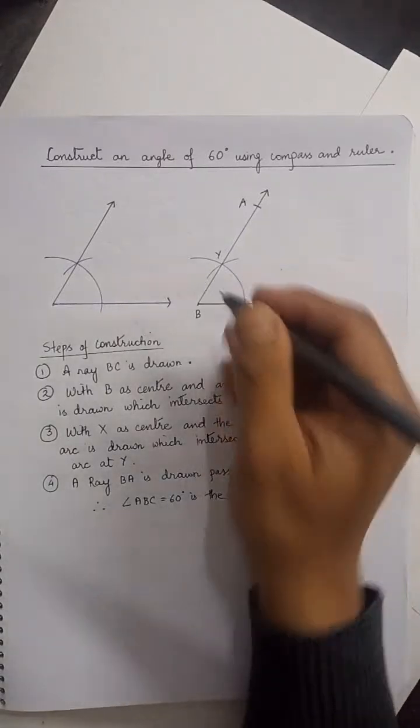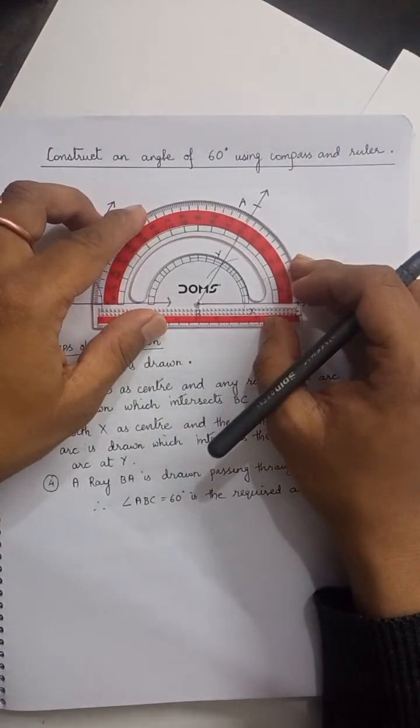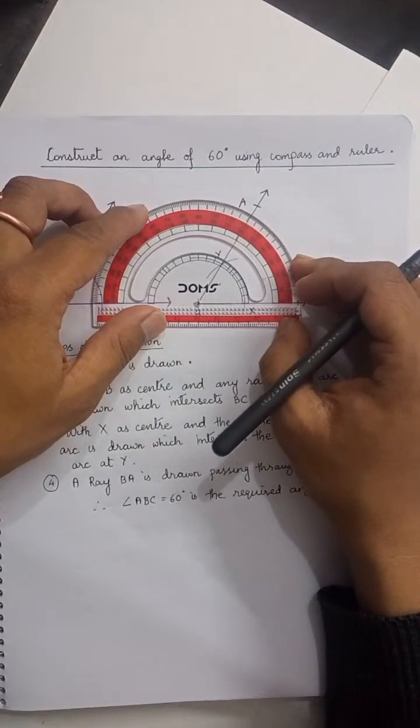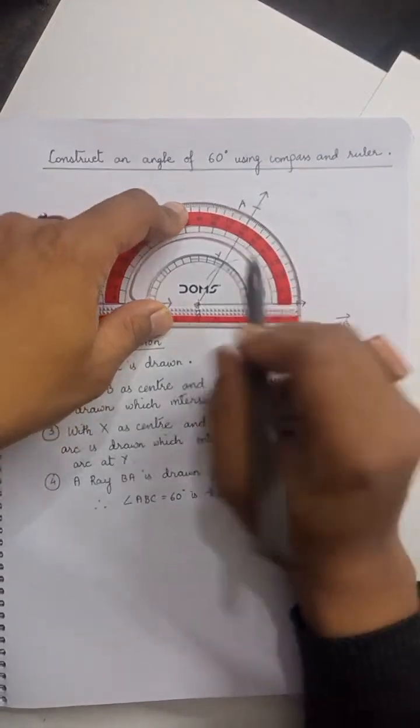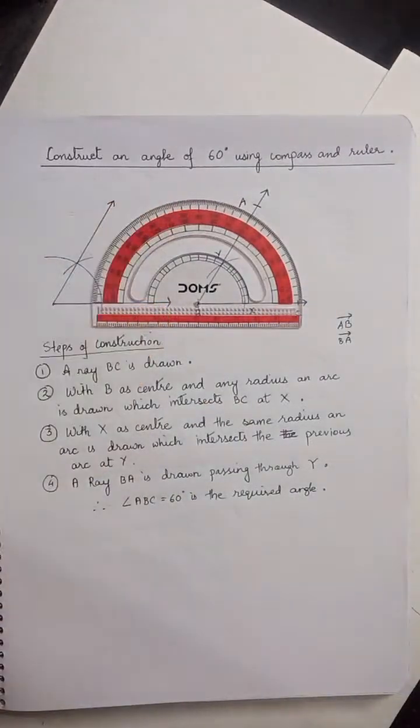Okay, let us measure this one also. So this is passing through 60 degree. That means our diagram is accurate.